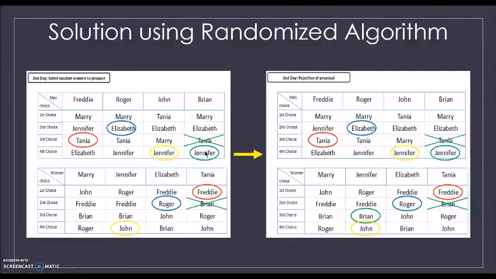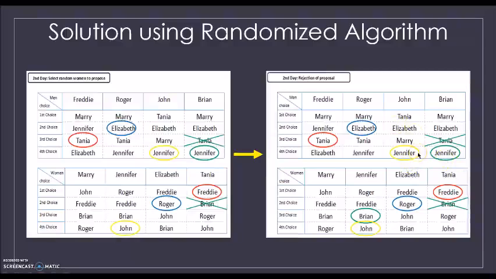And Mary, of course, can't choose; only men choose. When Brian chose Jennifer, because Tanya was crossed out, in the rejection of proposal phase we can see that John and Brian are competing for the same person, Jennifer.